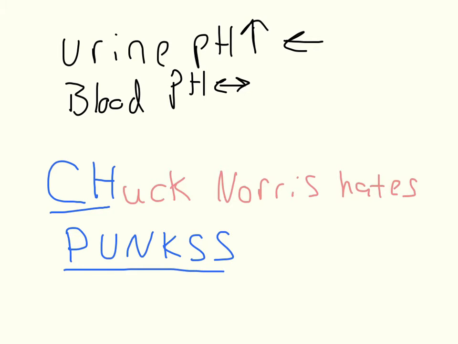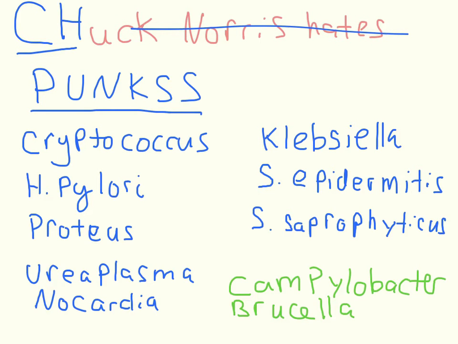So anything in blue is what really matters. The rest of it, just forget it. So the species that First Aid lists are Cryptococcus, which is a fungal infection, Helicobacter pylori, Proteus species, Ureaplasma, which is a cousin of Mycoplasma, Nocardia, Klebsiella, Staph epidermidis, Staph saprophyticus.